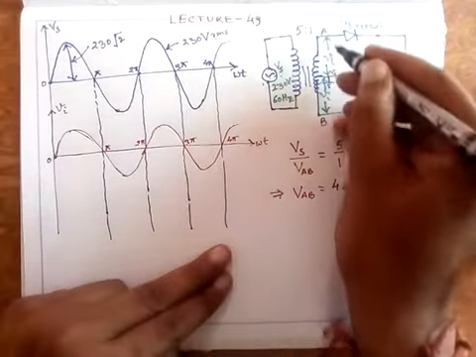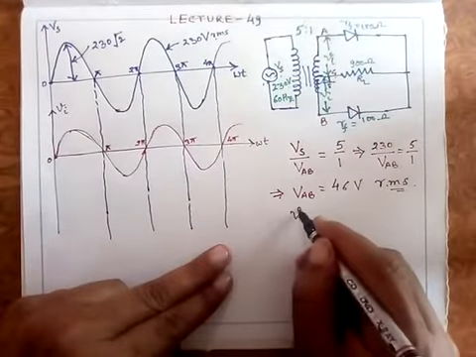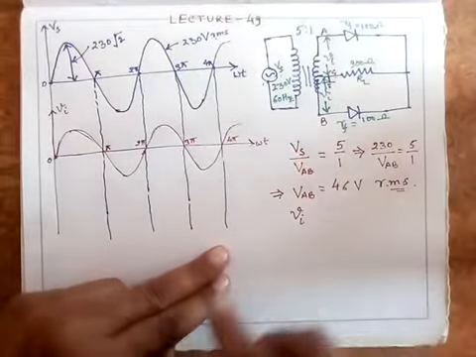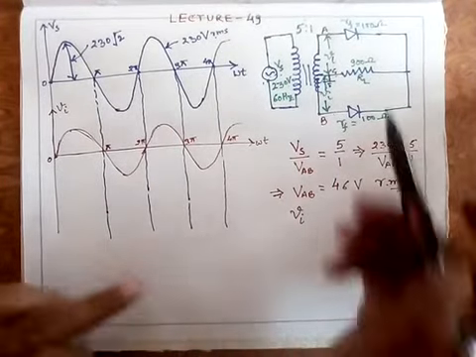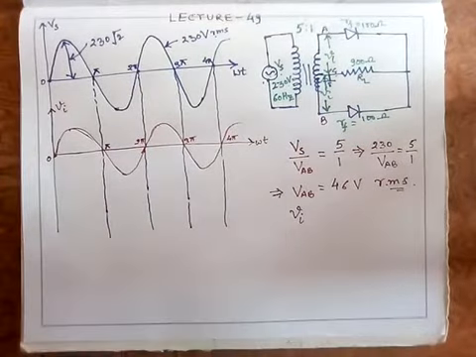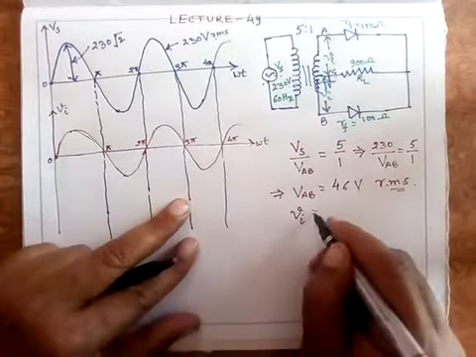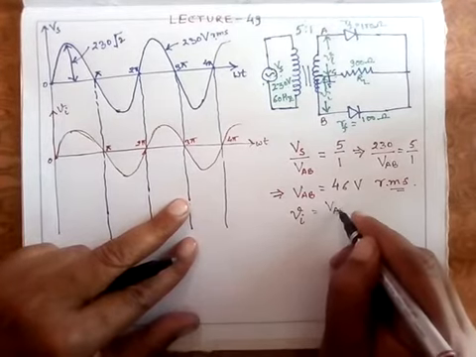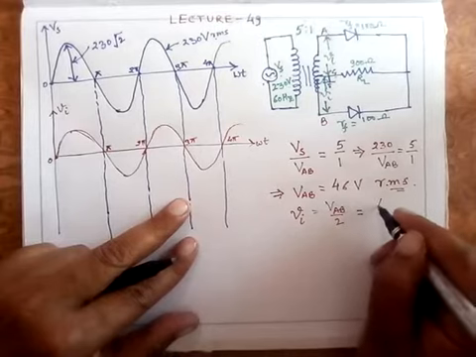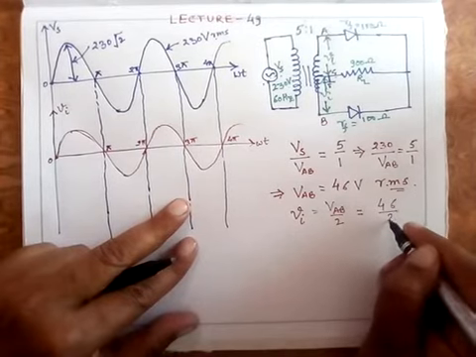Now I am interested in VI. VI is half of this. What VI is between A and C is half of between A and B. So VI will be equal to VAB upon 2, that is 46 upon 2.